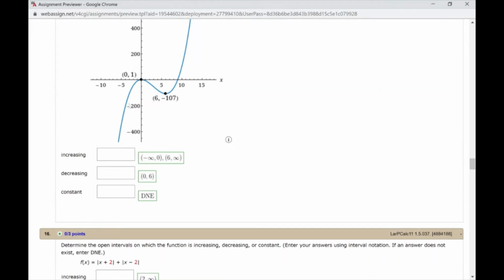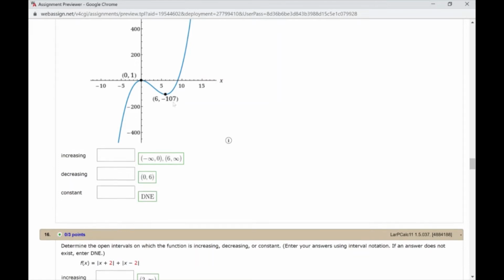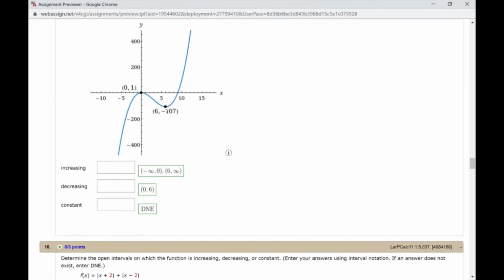Notice it's not constant anywhere. Constant means it's just a horizontal line. But it picks up, increasing right here, and it's going off the grid, as y'all can see. And again, we're looking at the x-axis, not the y, but don't get them confused. It's inching its way to the right continuously forever.